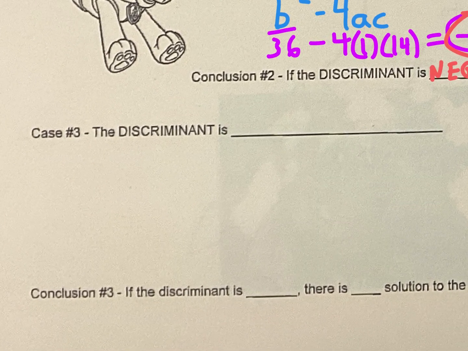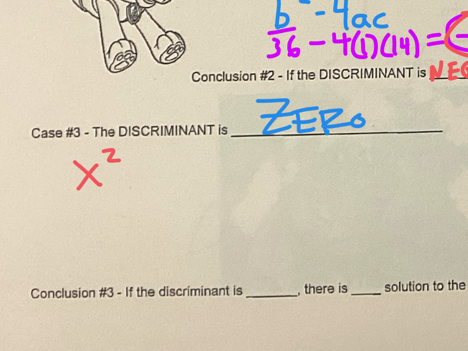There's one more case. What if the discriminant is exactly 0? Let's put 0. We talked about if it's positive. We talked about if it's negative. What about if the discriminant is 0? Here's a case where that happens. X squared minus 6x equals negative 9.